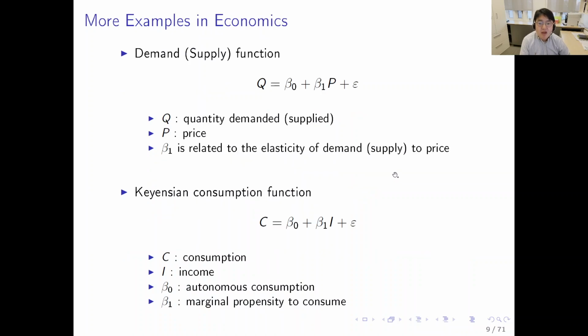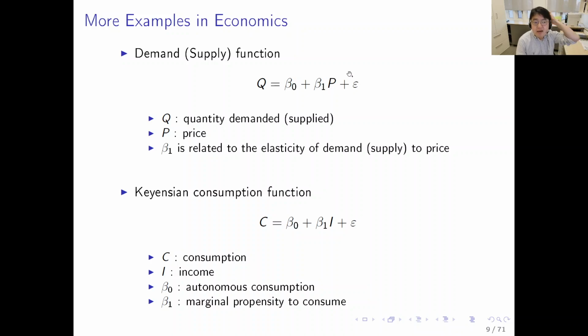Let me give you more examples from economics. So earlier I gave you the cost function example, the relationship between output and cost, which can be applied to a regression model, and like demand and supply functions can be approximated by a regression model. Like say, quantity demanded or quantity supplied is a function of price.